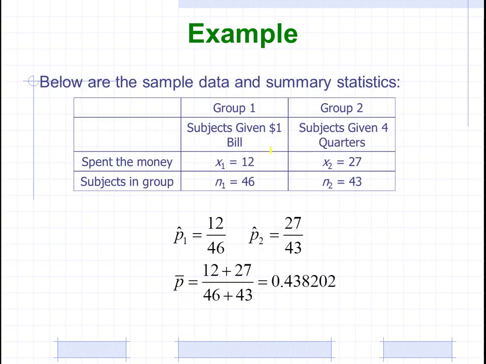So what we did, group 1 we gave a dollar bill, and group 2 we gave 4 quarters. Notice that we had 12 people in our dollar bill group spend the money out of 46, and 27 people given the 4 quarters out of 43 spent the money. So here we have our p hat 1, our p hat 2, and then we have our pooled p.